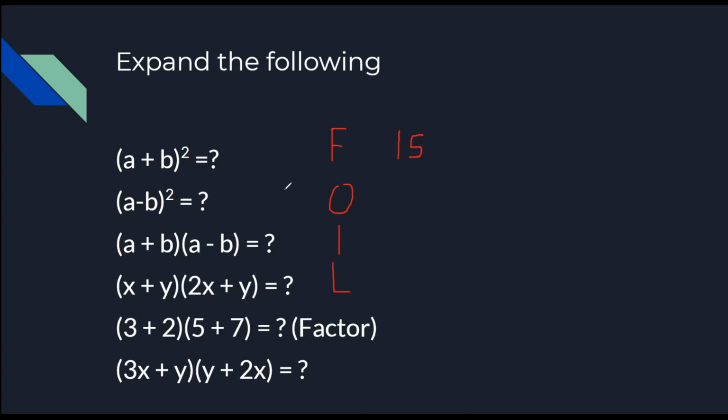How about the second step where we're multiplying the outer numbers? What will be the outer numbers? Anthony? Okay, so we're multiplying 3 times 7, that's 21.